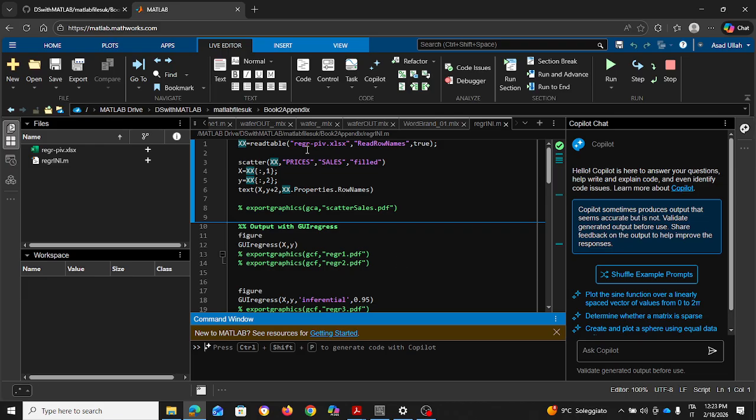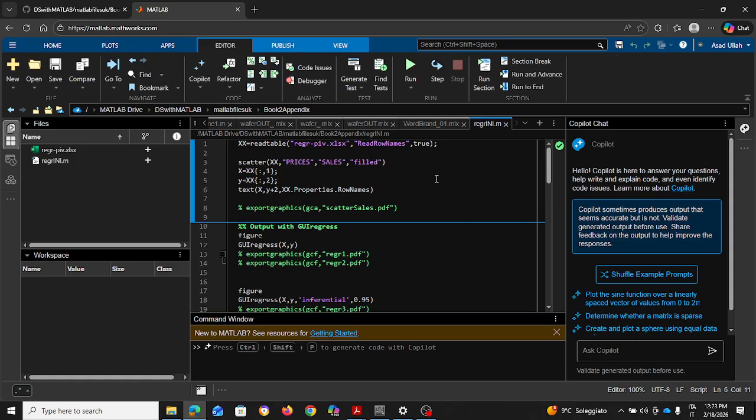Okay, so this was our data set. You can access this via GitHub. Meanwhile, let me try to run. You take your data, the first column, the second column.